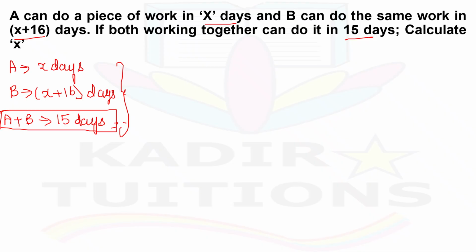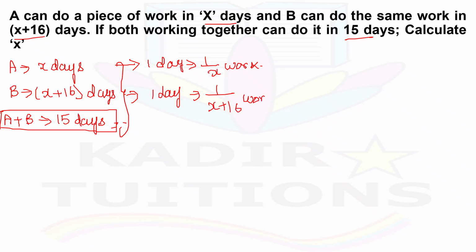So over here, in one day, how much work can A do? I can say in one day, A can do 1 by X work, right? And in one day, B can do 1 by x plus 16 work, right? And what about A plus B together?